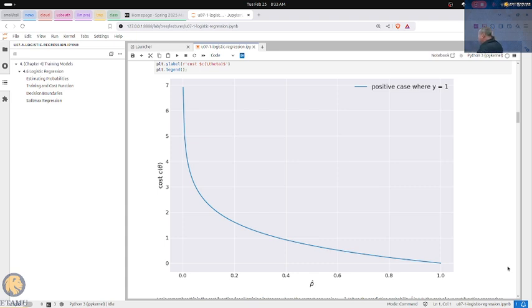The negative log will give us basically 0 when we're outputting a 1, but the cost will get bigger and bigger. If the true value is 1 but we're predicting something like 0, the cost gets really big really fast the closer you get to 0 here.